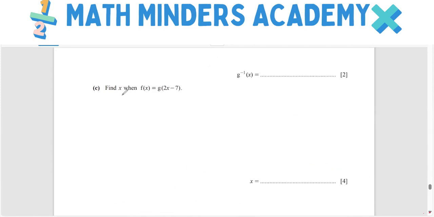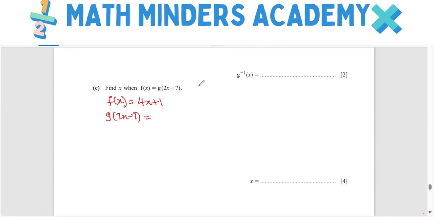Here we are asked to find x when f of x equals g of 2x minus 7. Remember that f of x equals 4x plus 1.